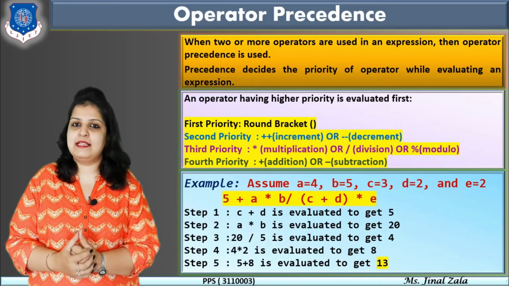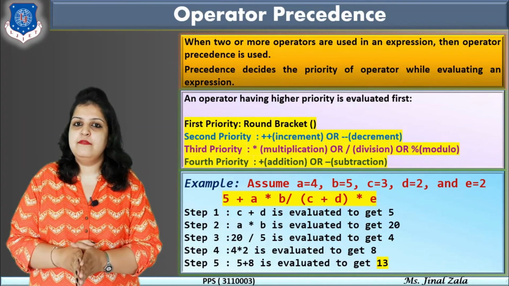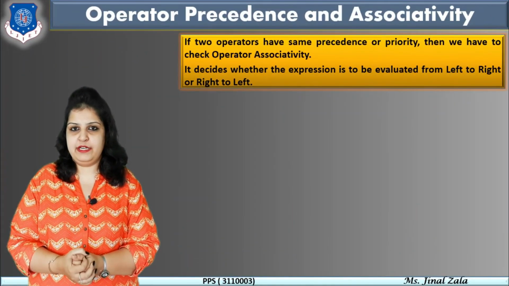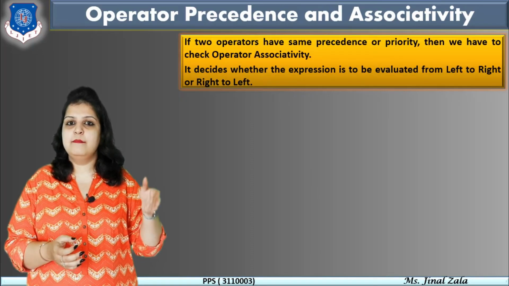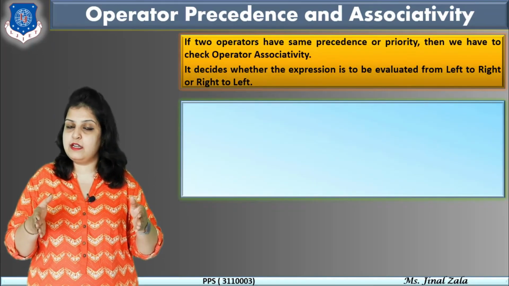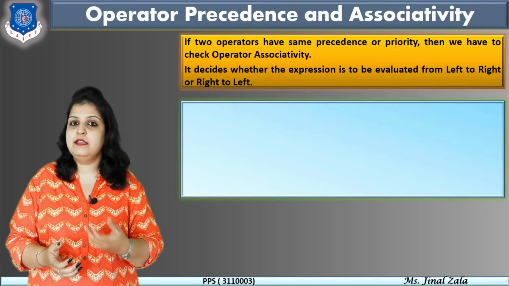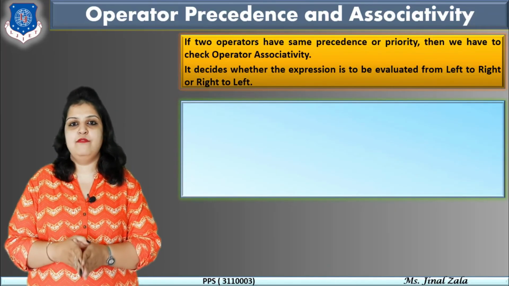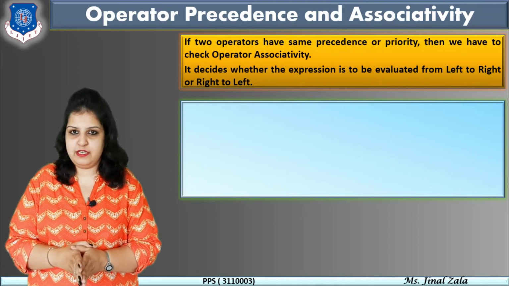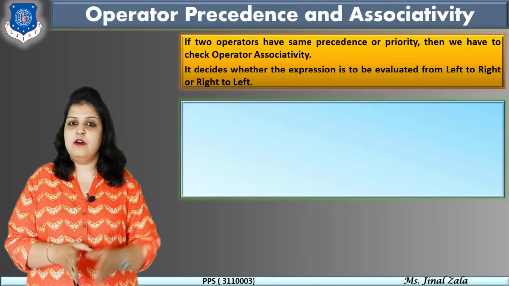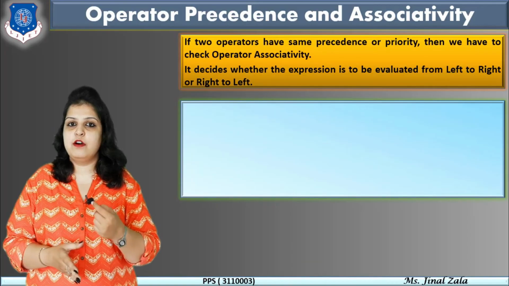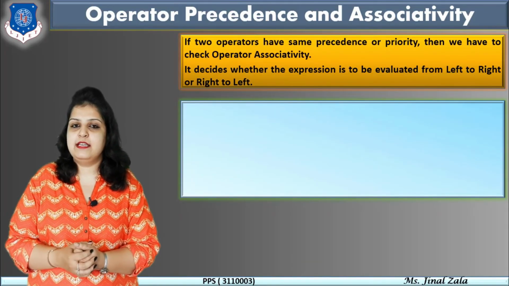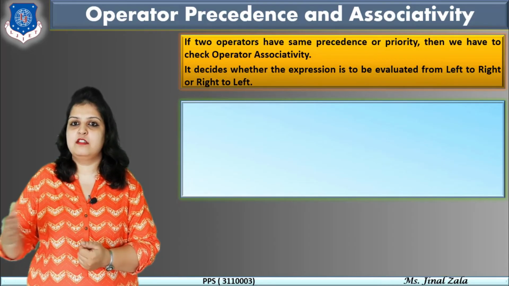And what is associativity? Associativity is used when two operators have the same priority. Means if we have multiplication and division together, then how can we check which will be evaluated first? In this case we have to use the rule of associativity. Means first of all check left to right which operator comes first, then evaluate this operator first, then the next.